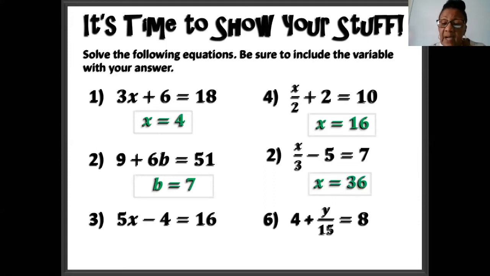x divided by 3, take away 5 is equal to 7. x is equal to 36. And then we have 5x take away 4 is equal to 16. x is equal to 4. 4 plus y divided by 5 is equal to 8?